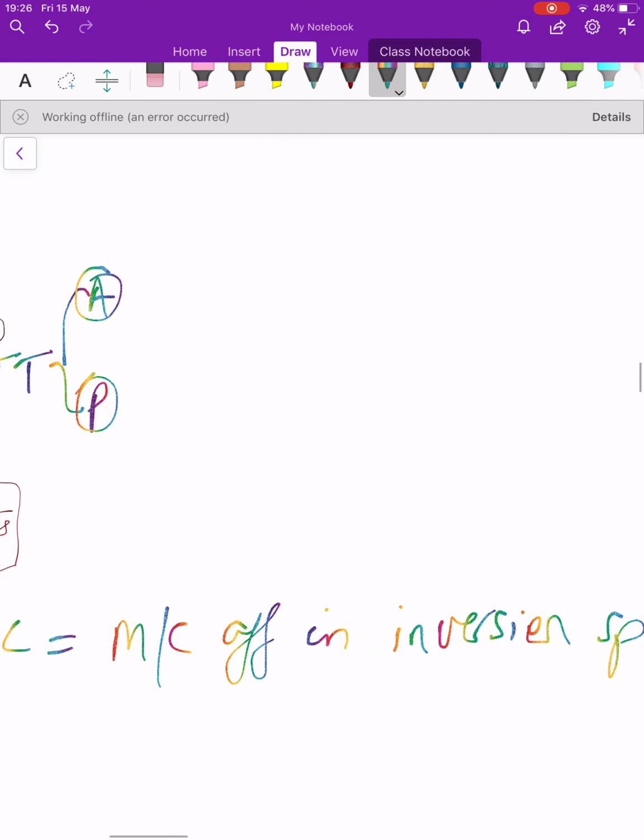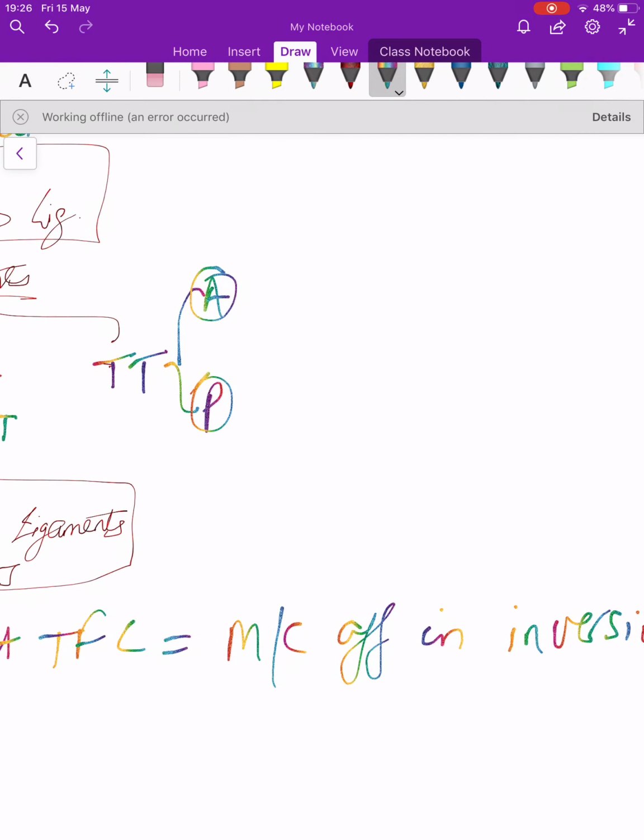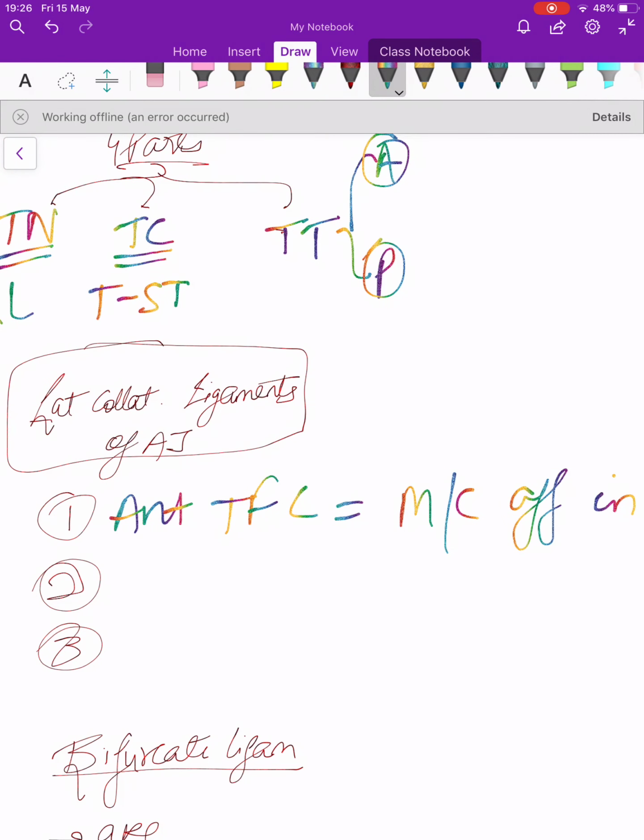Fine. Then there is calcaneofibular ligament. Then there is posterior talofibular ligament.